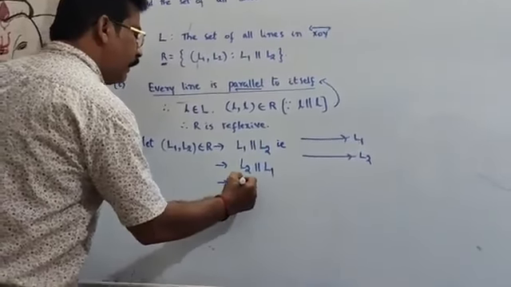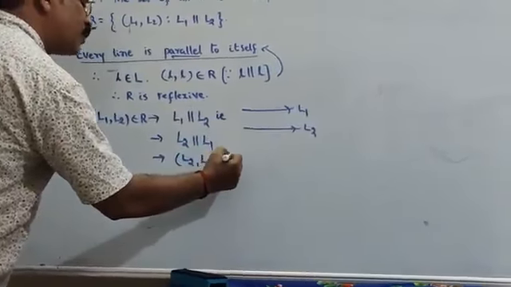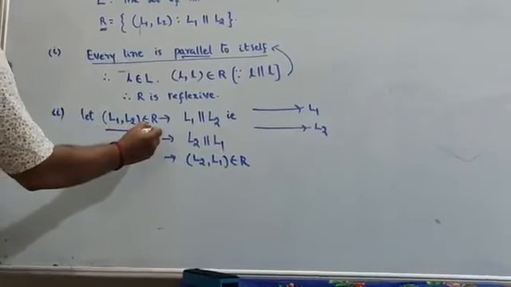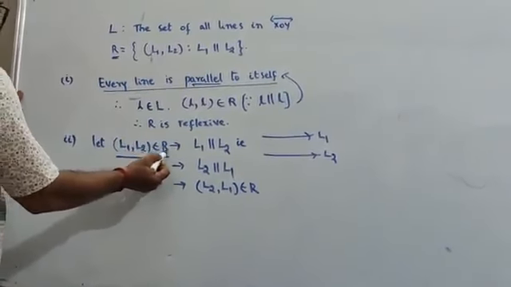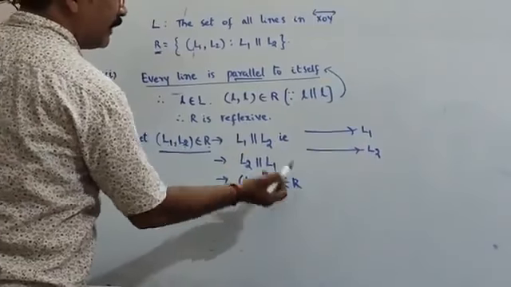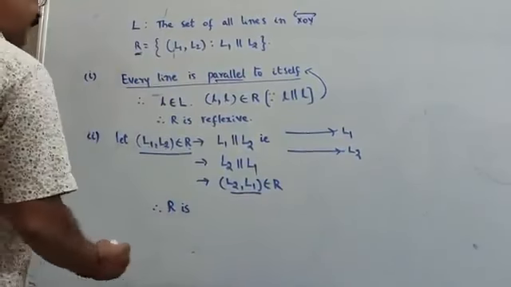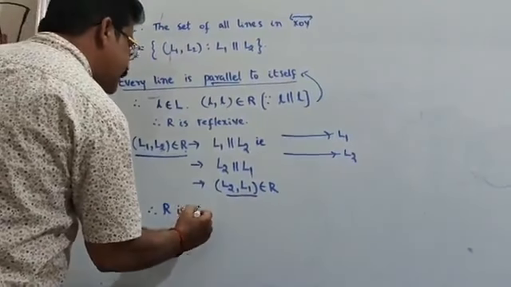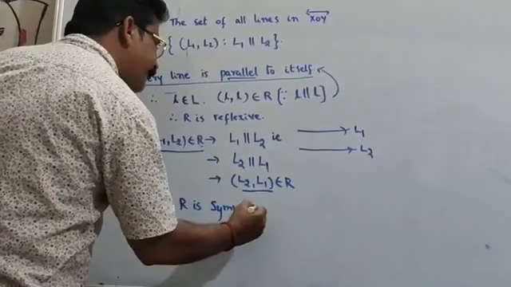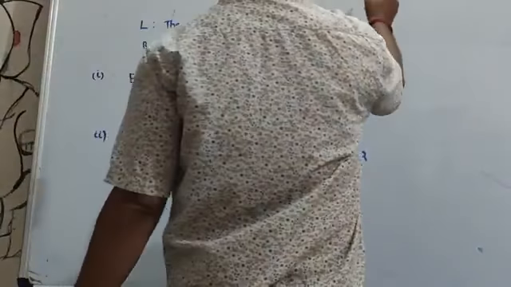So therefore, the ordered pair (L2, L1) also belongs to capital R. Therefore, capital R is symmetric.